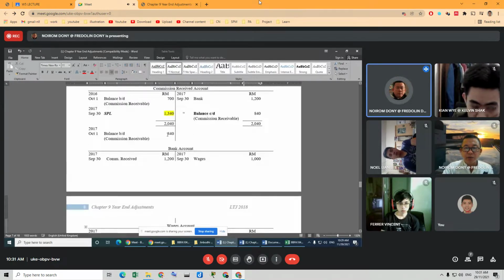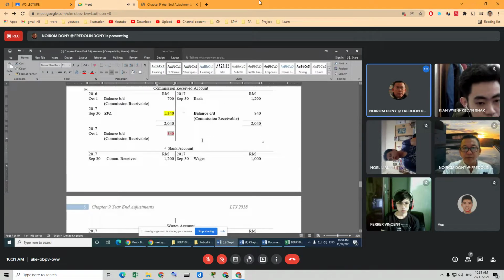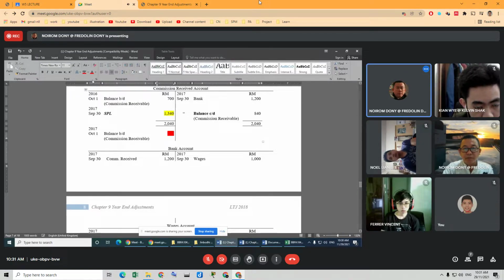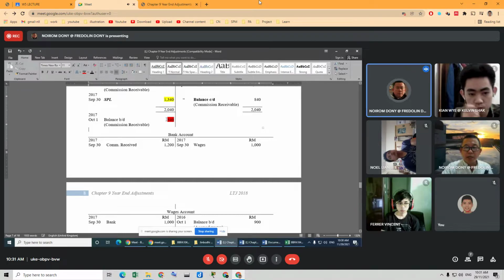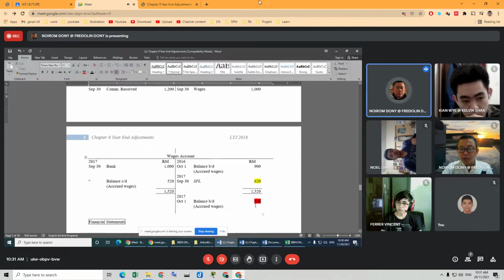So this one also debit closing balance. So knowing this is debit closing balance, it will be in the current asset. This one, knowing this is credit balance, it will be under current liability.